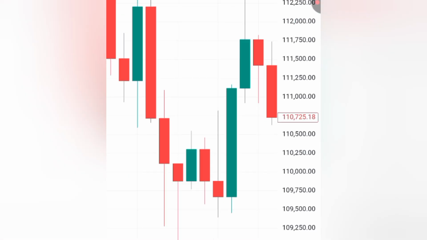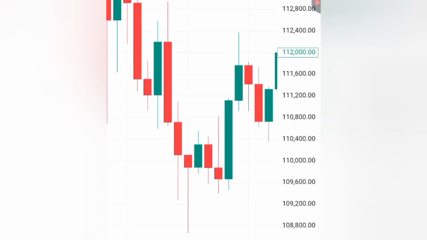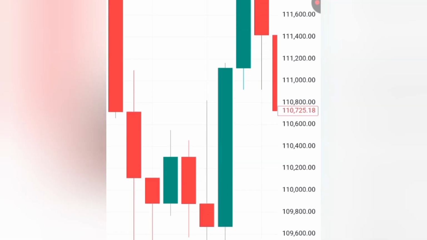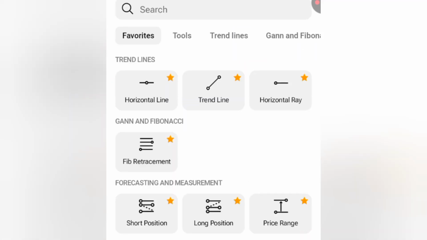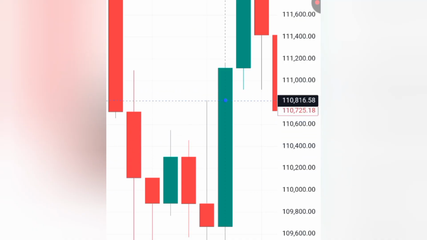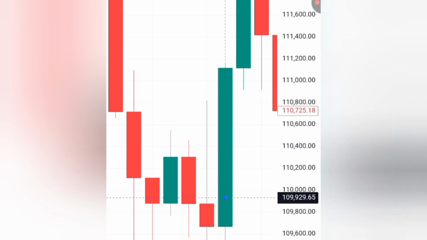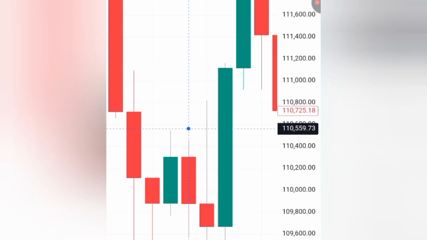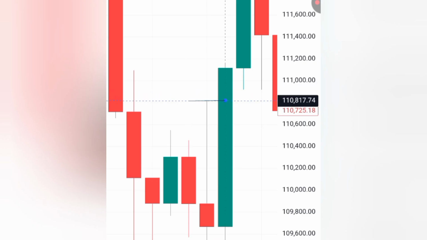It was in a downtrend, then after that a large green candle. Can you see that large green candle, guys? This large green candle completely covers the previous red one. This red candle, the previous red candle, was stopping there and right here.